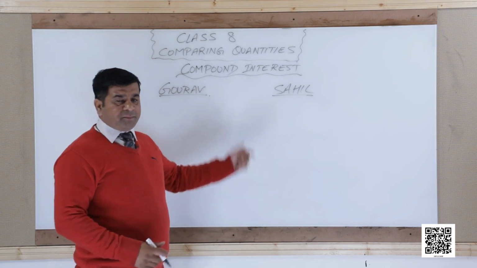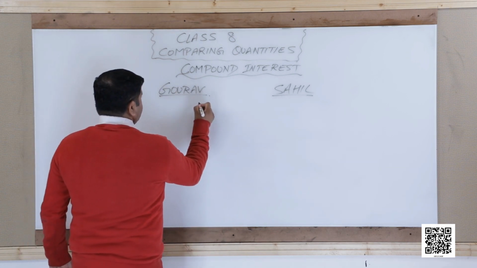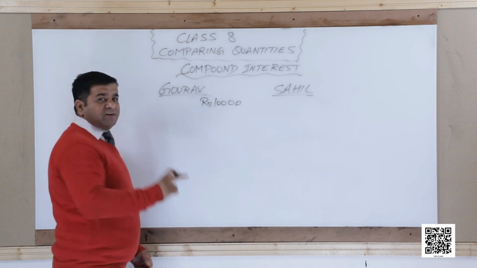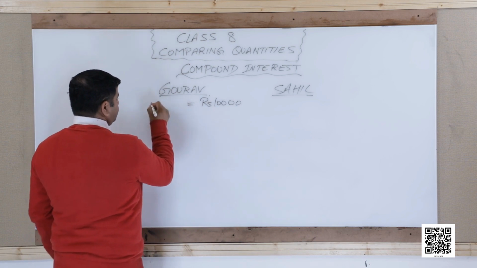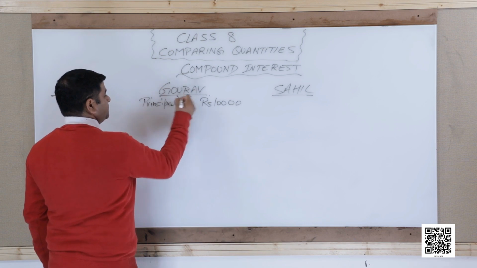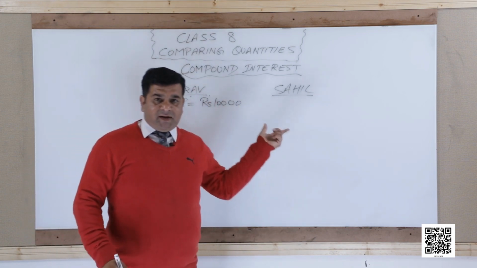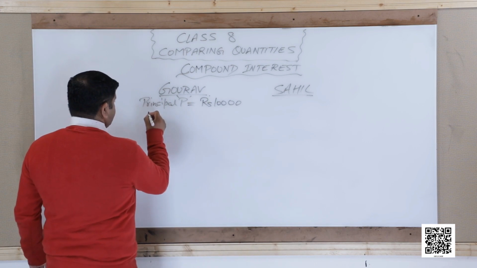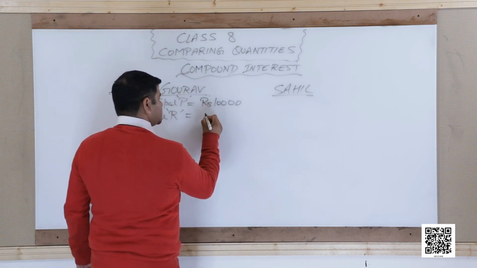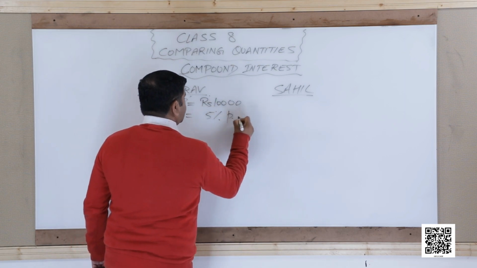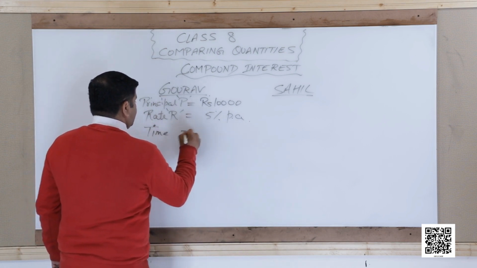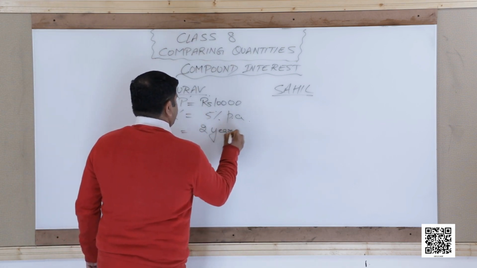Now Gaurav deposited rupees 10,000 in a bank, and this amount that we deposit in a bank is called principal, that is P. He deposited this money in the bank at a rate R, say 5% per annum, and for a time of 2 years.